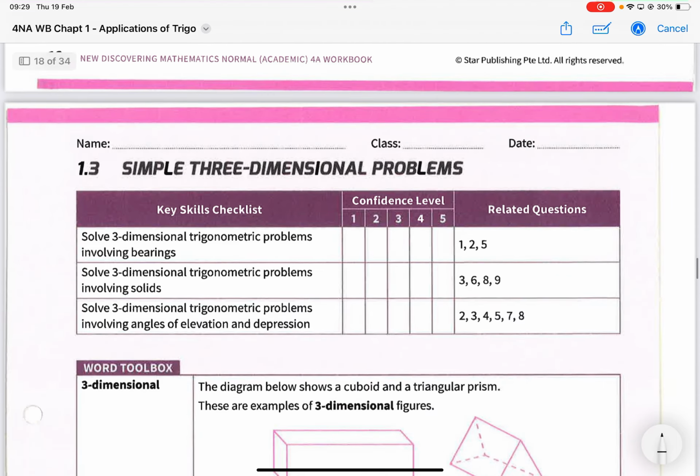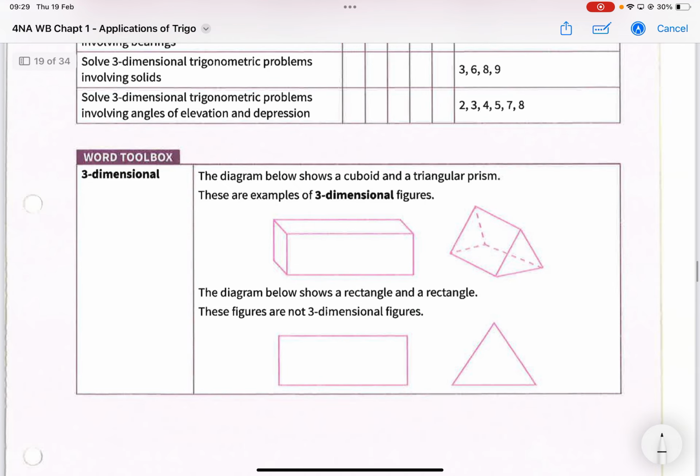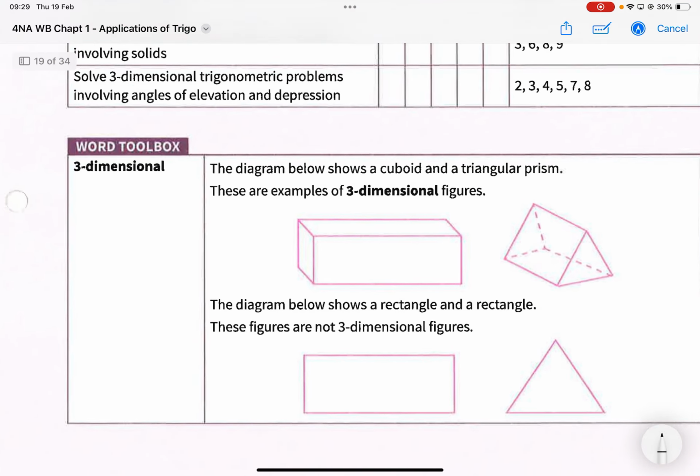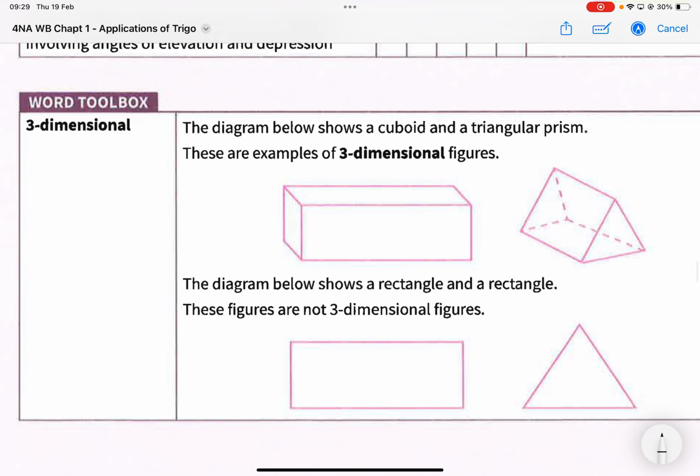Okay, we go to a simple 3D problem. For a 3-dimension problem, there is a length, a breadth, and another height. So it is a solid object.